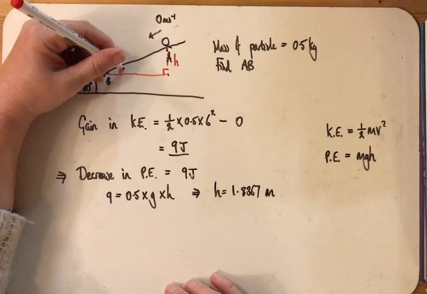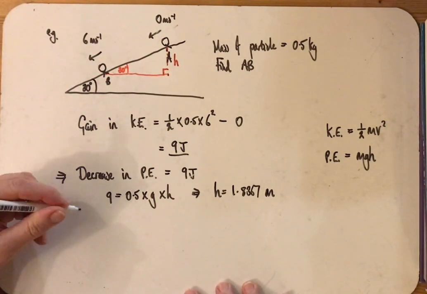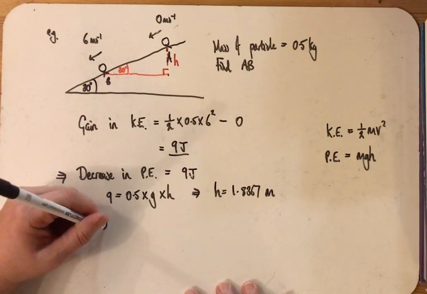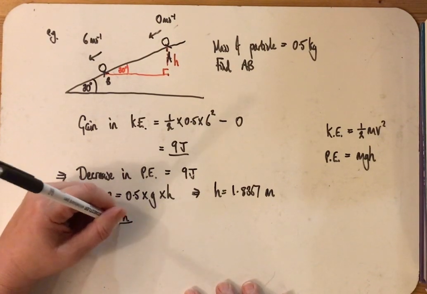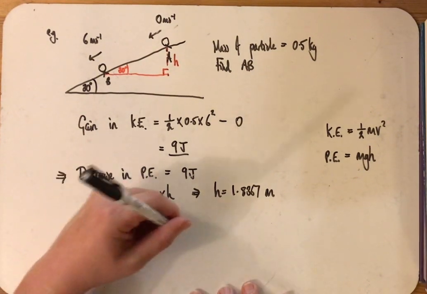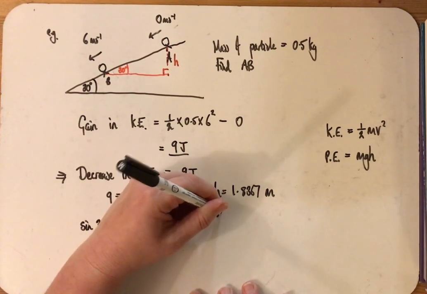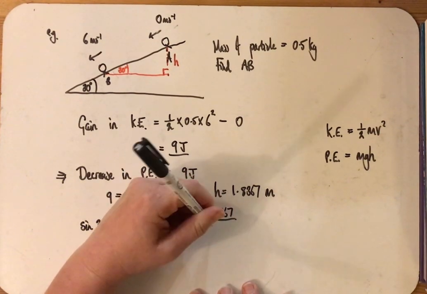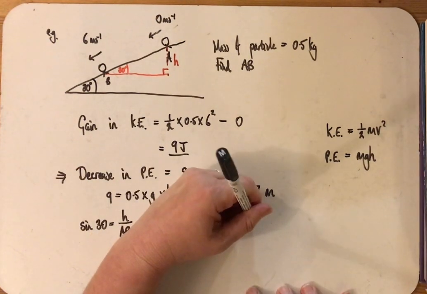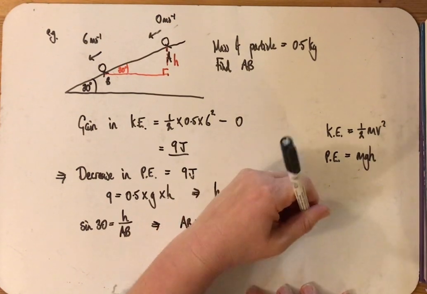So this angle here is 30 degrees. And we know that sine of 30 is equal to h over AB. And so AB is equal to 1.8367 over sine of 30, and that gives you 3.7 metres to 2 sig fig.